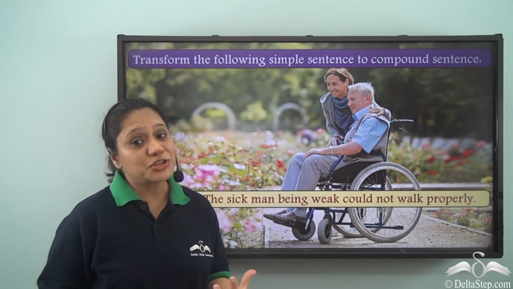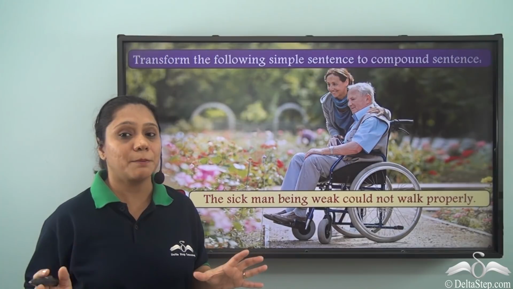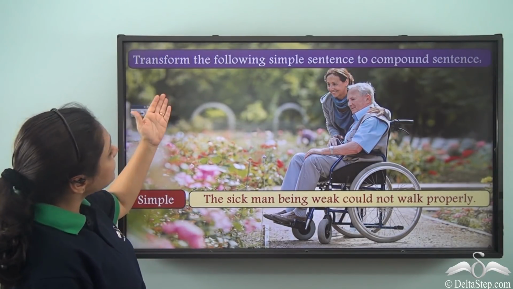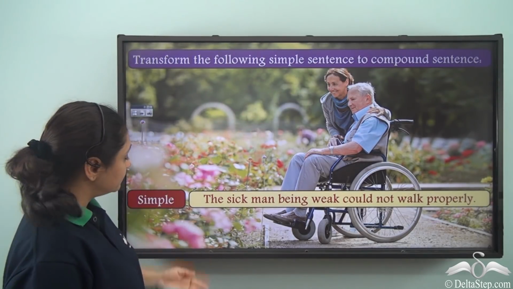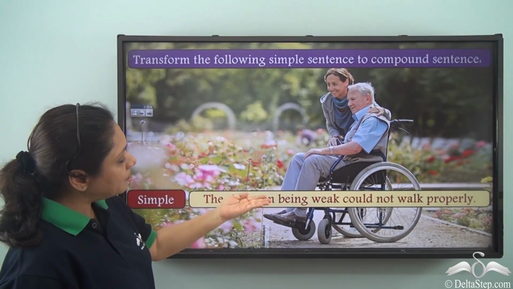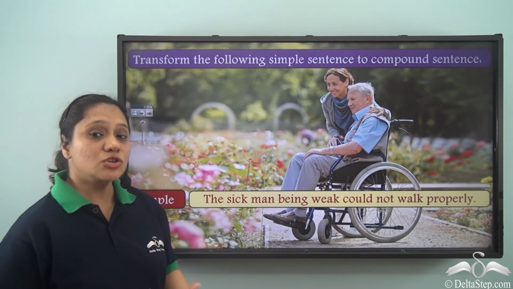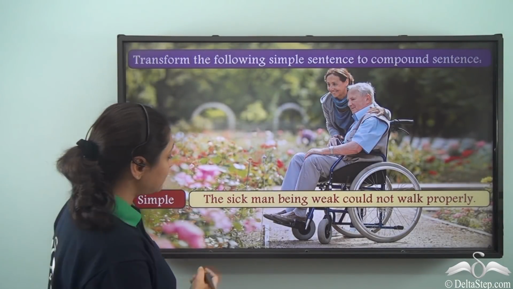So now that you have seen how we can transform a simple sentence into a compound sentence, let us try to do this exercise. Transform the following simple sentence to compound sentence. The sick man, being weak, could not walk properly. So what are the verbs here? Let us identify them.